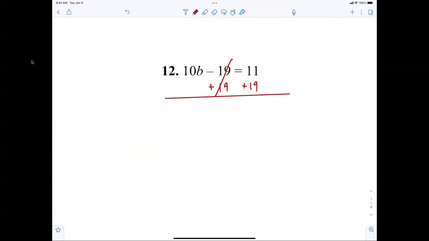And then it'd be 10b equals 30. Yep. And then you divide them. That's how easy. All right, hopefully you feel like you're getting the hang of it. It's not that hard. All right, numbers are kind of easy.